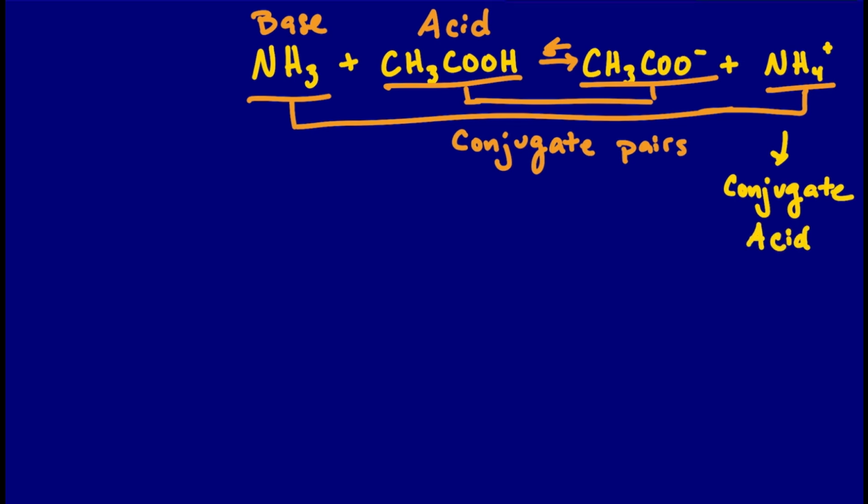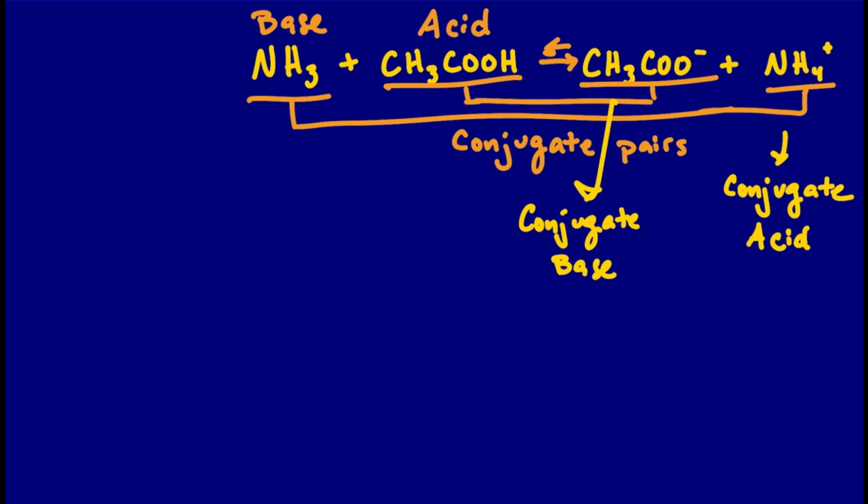And then we can think about the same idea for our CH3COO- ion. If we're looking in the reverse direction, what is it going to do in terms of proton acceptance or donation? With a negative charge, it is going to readily accept protons. So in the reverse direction, we can think of it as acting like a base, and so it would be considered the conjugate base.